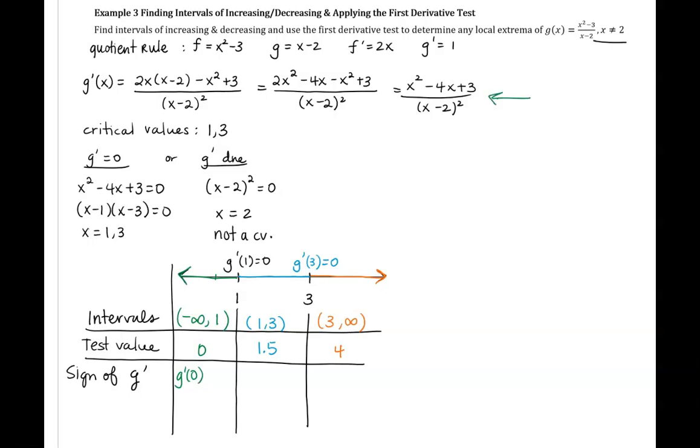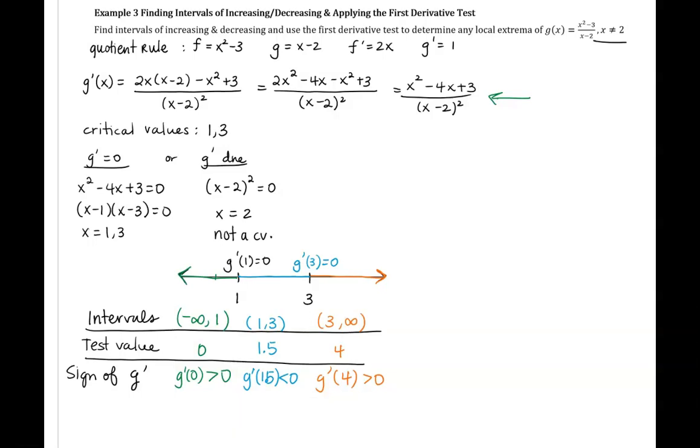Plugging 0 in here would give us something that is positive. I'm then going to take 1.5 and plug it into the derivative, and that would give me something that was negative, less than 0. And when I plug 4 into the derivative, that would give me something that is greater than 0, positive.